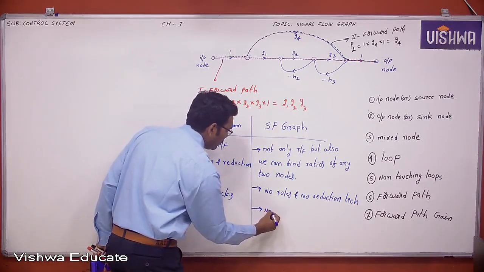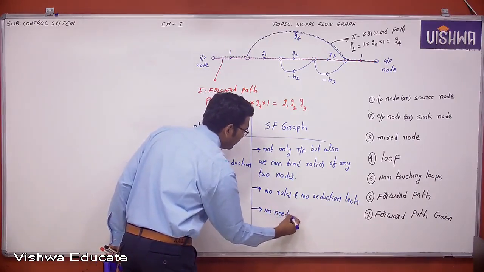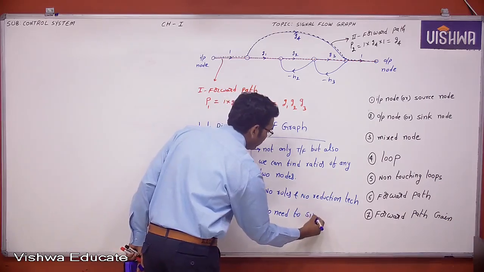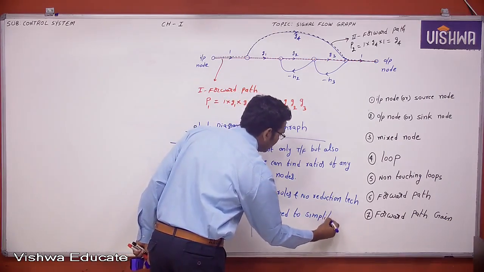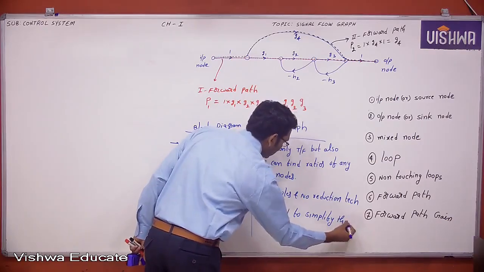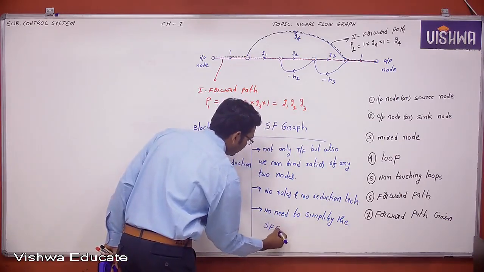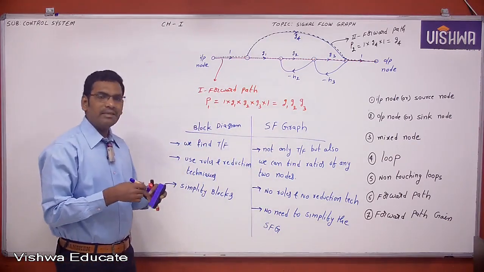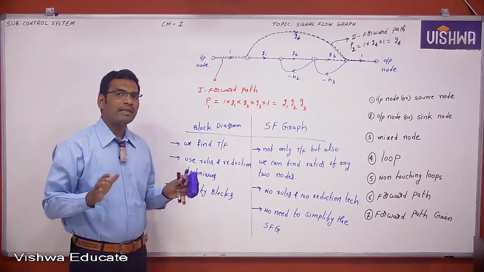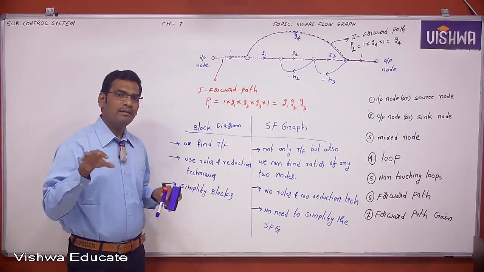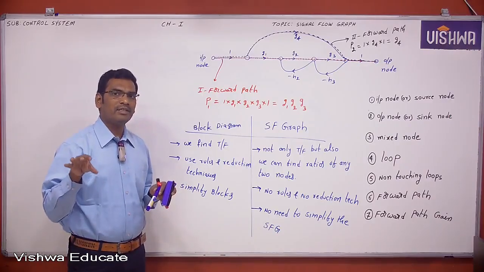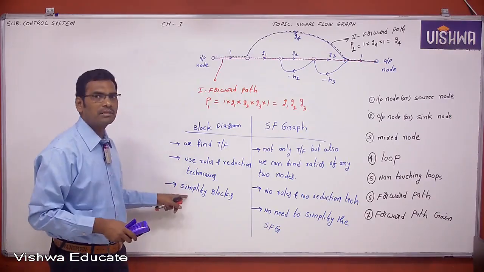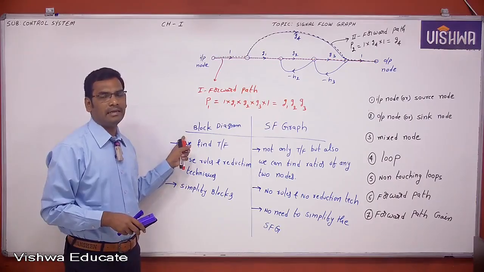Here, no need to simplify the signal flow graph. Whatever block diagram is given, you cannot keep that block diagram. You apply the rules and regulations of reduction techniques, simplify the blocks, and finally find the transfer function.